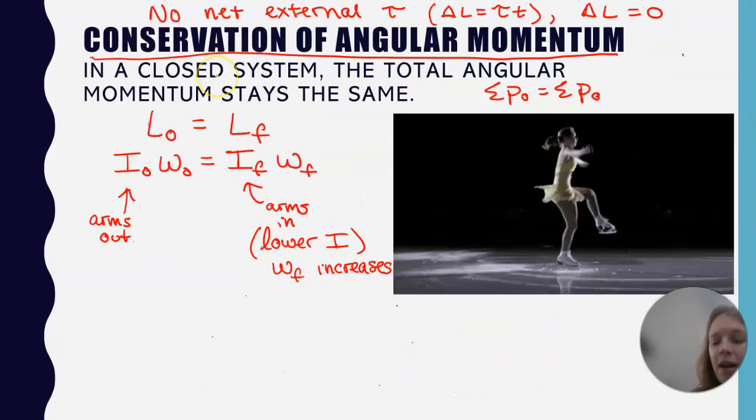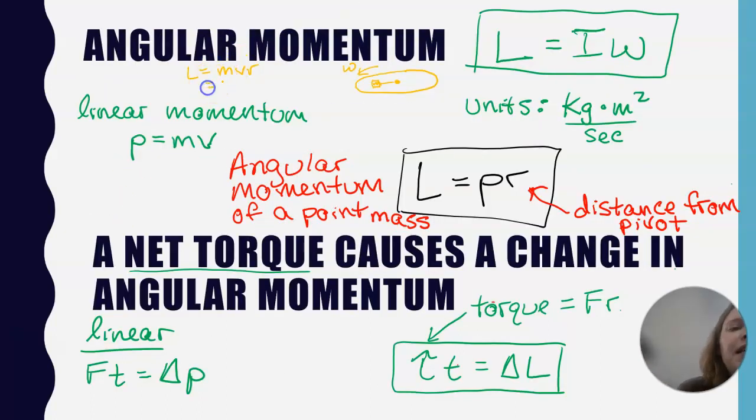So we're going to add up. We're going to take the sum of all of those mv times r's.